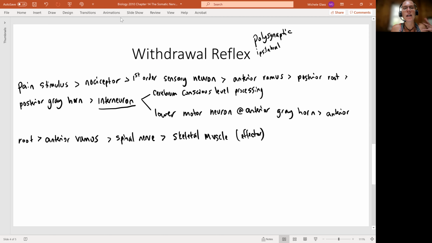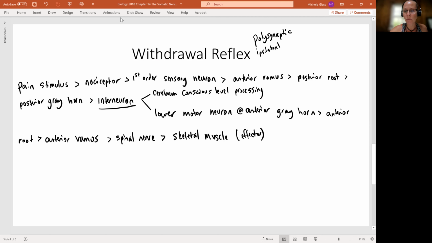You make sure that you're protecting yourself from future injury. And so this would be the importance of that conscious level processing that's happening. When we talk about ipsilateral, same side, that means that we're getting the stimulus from the left hand and we're pulling the left hand away from that painful stimulus, right?